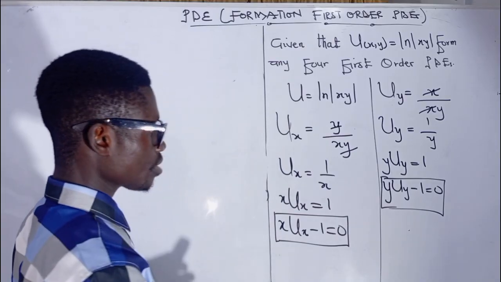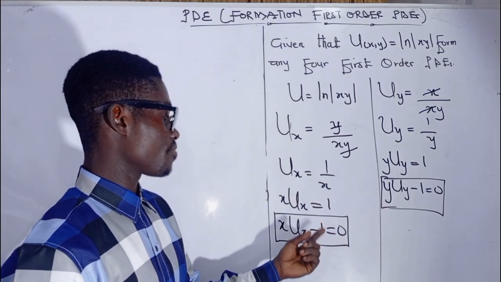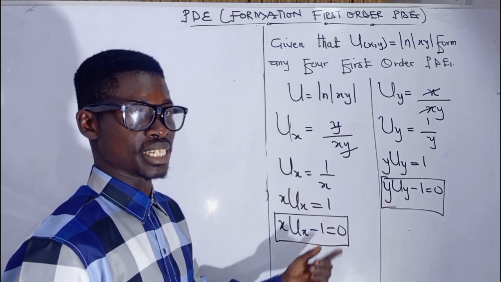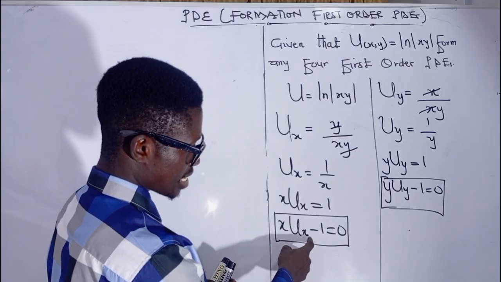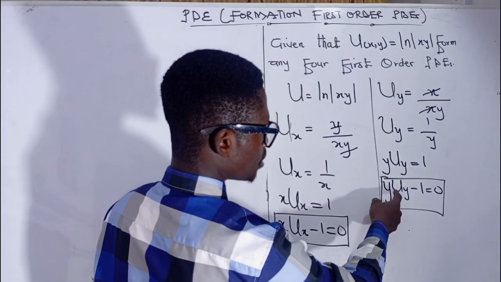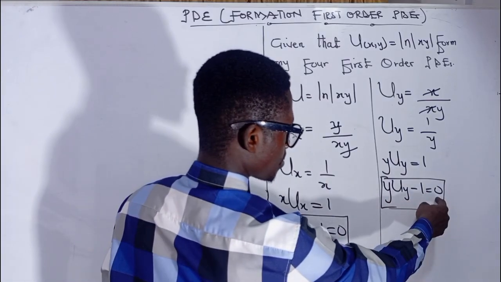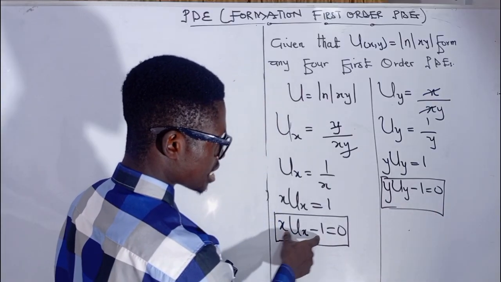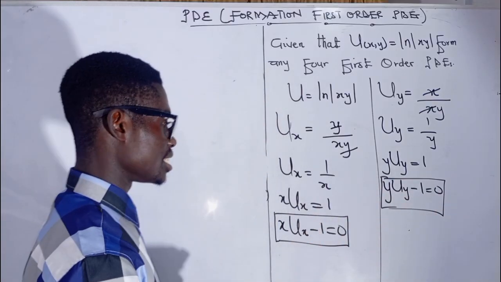Now from these basic simple first order PDEs, we can form a complex one. So we are saying that x ux minus 1 is equal to 0, and then we have y uy minus 1 is equal to 0. Therefore, we can equate this to that to give us another PDE.